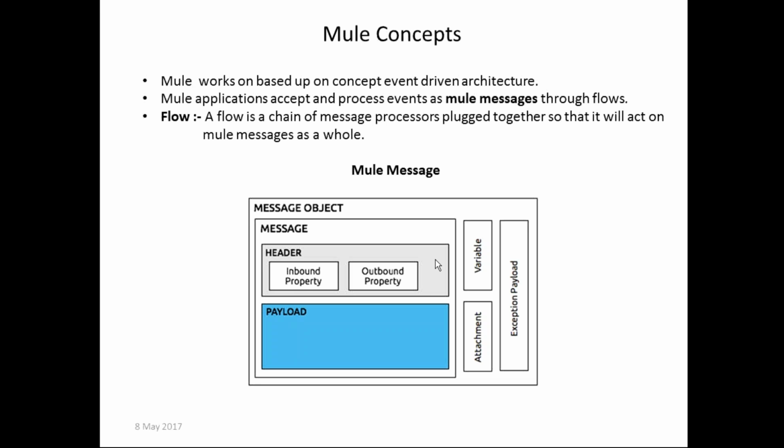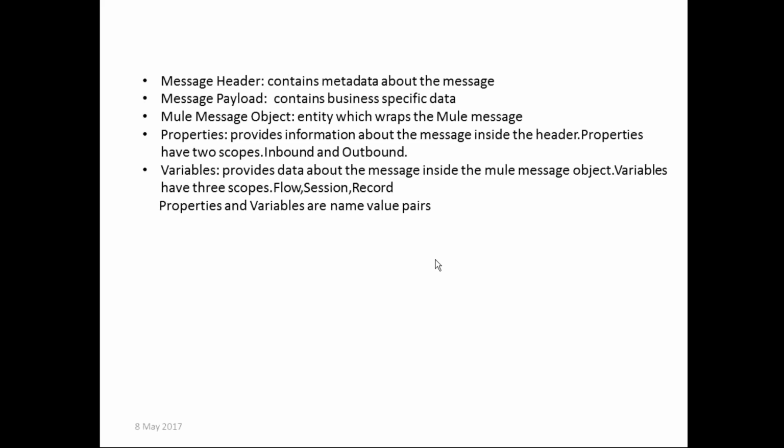There are actually three types of variables involved, and there is an exception payload. In case of any exception happening in a particular Mule flow, the exception payload that should be delivered will be attached. And there is something called an attachment. Anything extra that comes will come as an attachment. I mentioned this in this slide: the Mule header, the Mule payload, and the Mule properties, etc.